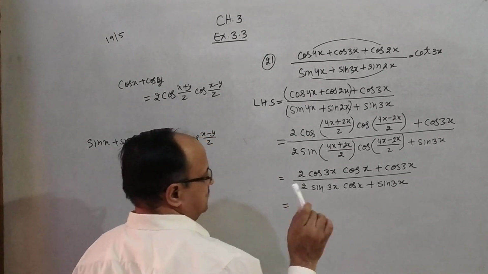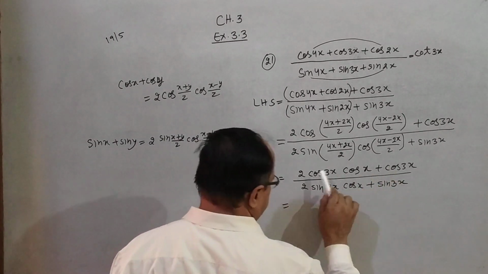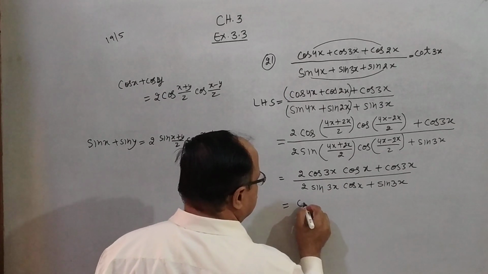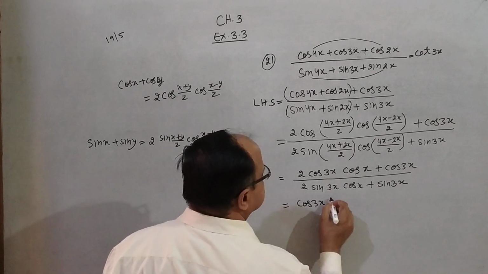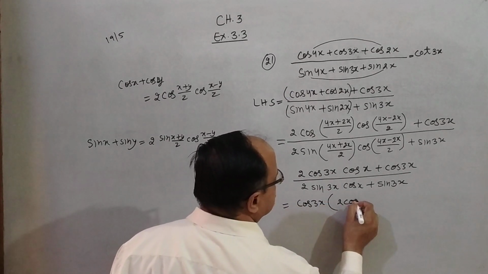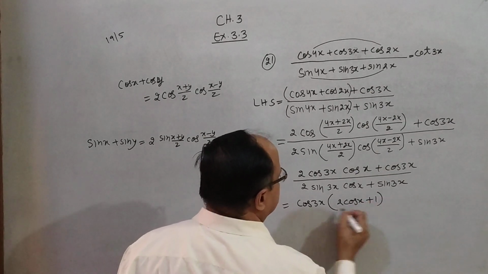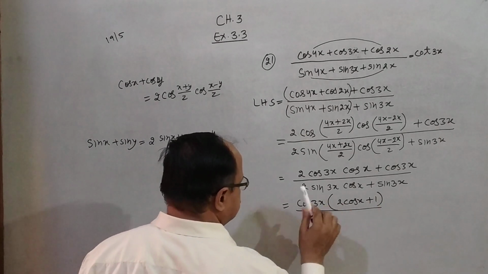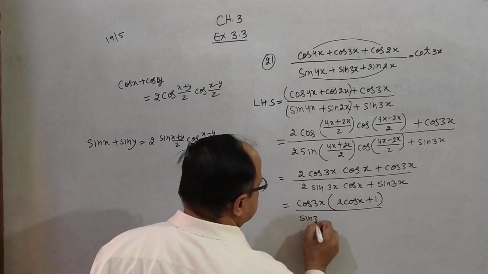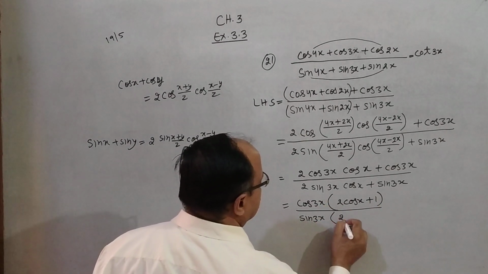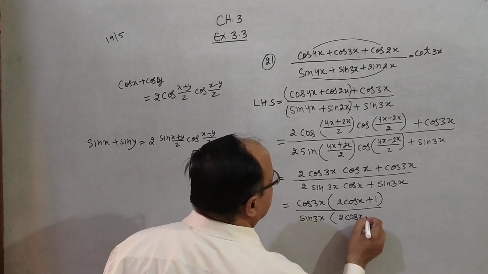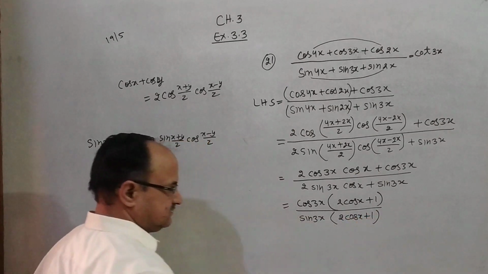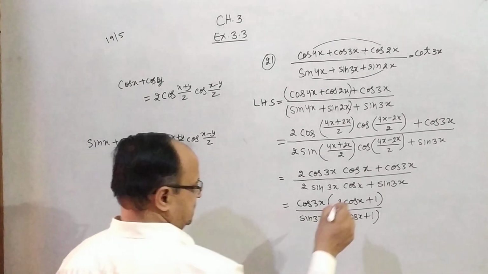You can take cos 3x common. Here 2 cos x plus 1, and in the denominator you can take sin 3x common. Here 2 cos x plus 1. This will cancel.